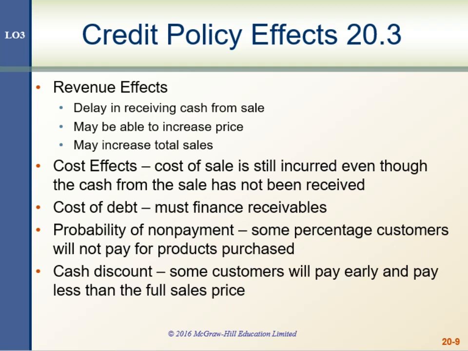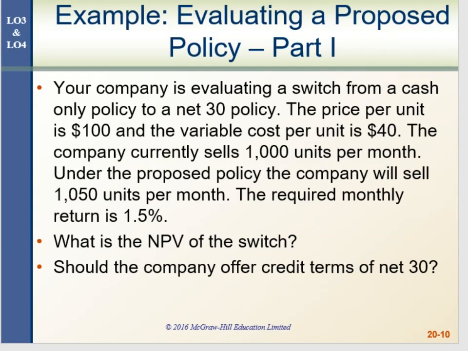There is some probability of non-payment, and so you need to build that into your credit policy, because it's going to determine the amount that you actually have to pay to recover the non-serviced debt. There may also be a cash discount, as we mentioned, so some customers can pay early and get a benefit. That's often used in credit policy to enhance the speed with which your customers pay you.